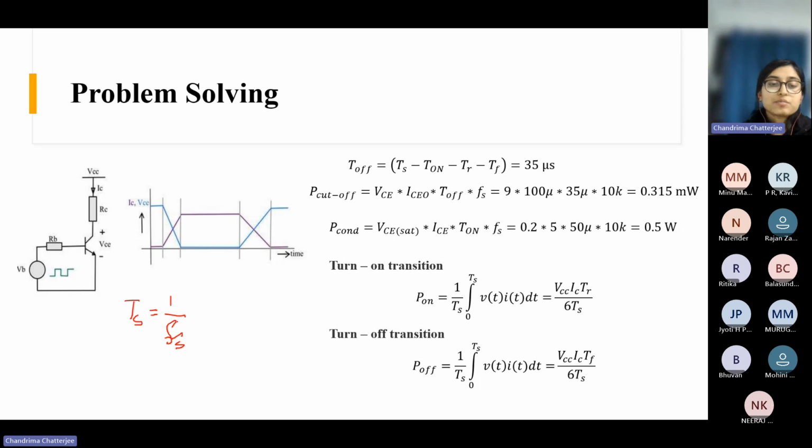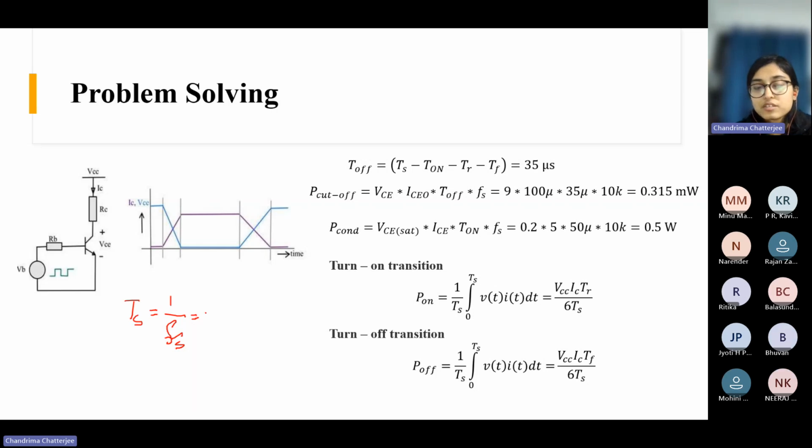If Fs is 10 kilohertz, TS should be 100 microsecond.